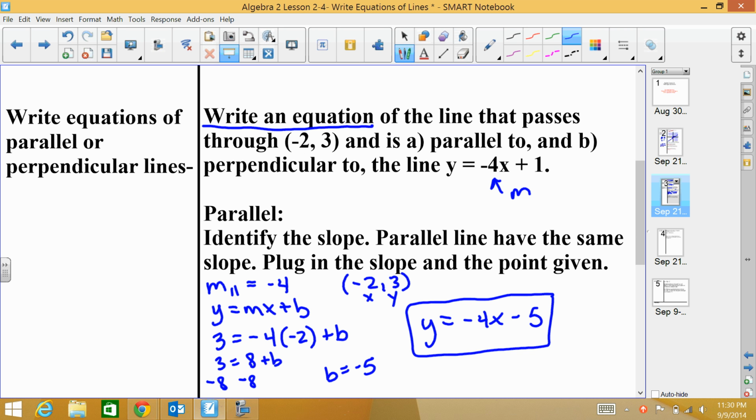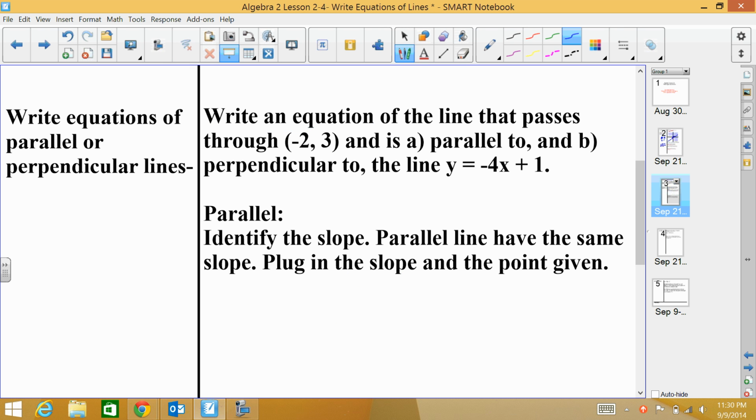Another way that you can do this is by using point slope form that we learned just a second ago. So I'm going to go ahead and show you that way in case you want to learn that way. So if we use point slope form, which is y minus y1 equals m times x minus x1, we would do the same thing.